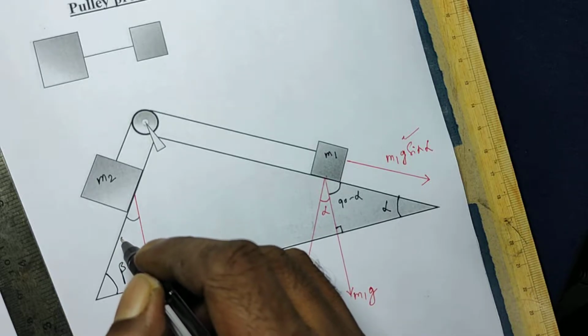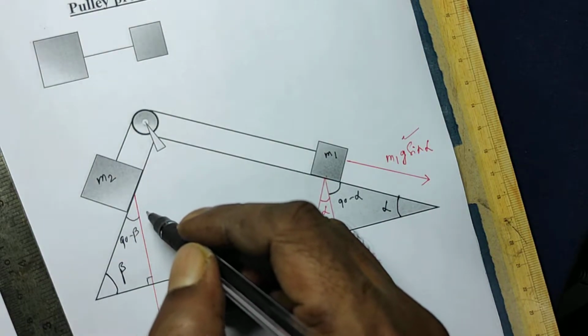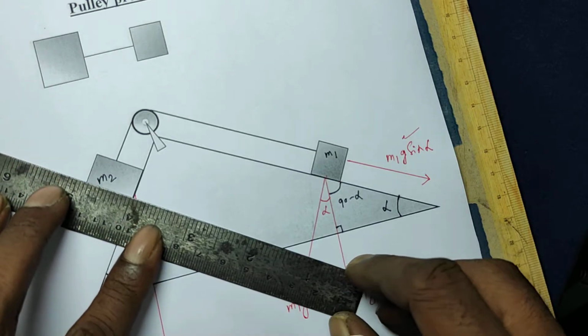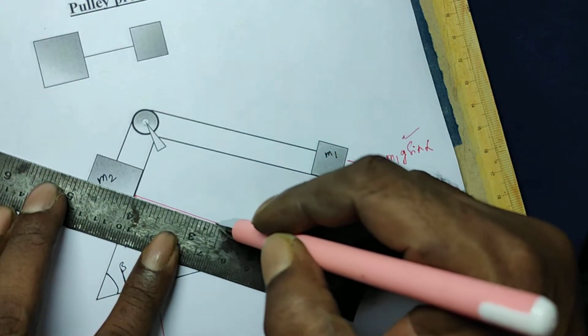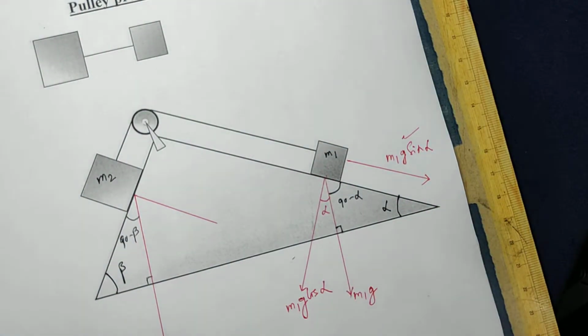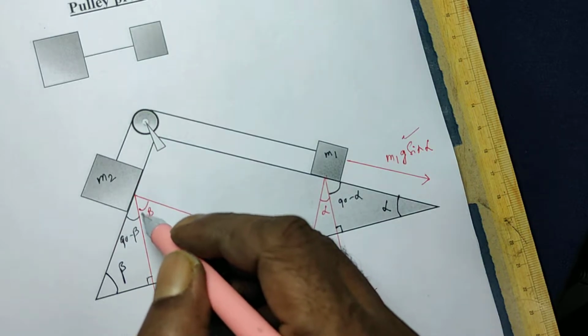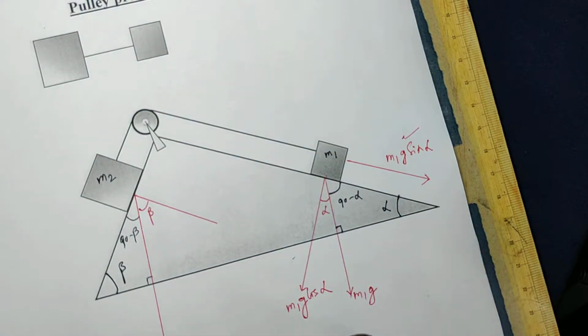Let me show it here. 90 minus beta. So to this side, if I add alpha, then what will happen? So if this is your alpha, if this is your beta, then this whole angle will be 90. And this is beta, and this is your M2 times g.